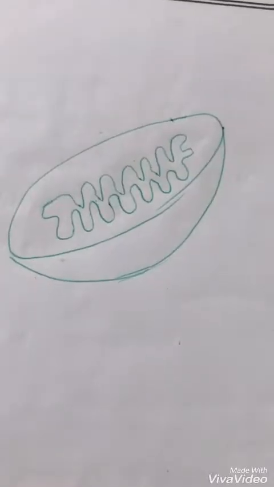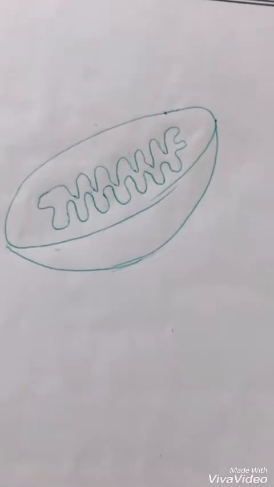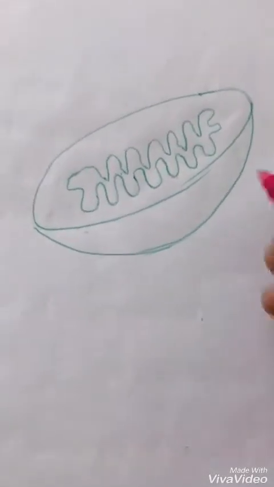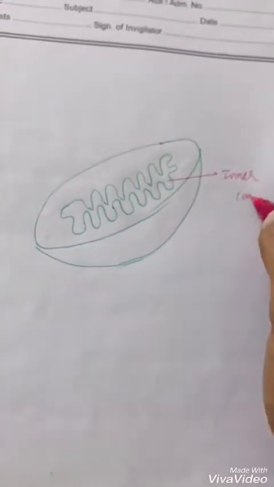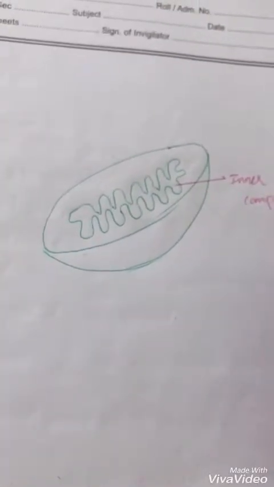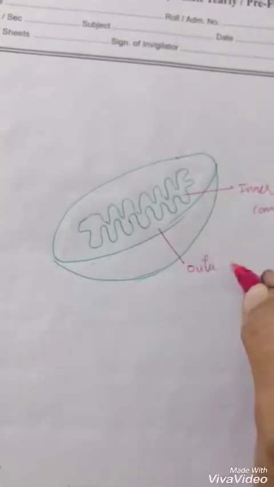Okay, here is a rough diagram of mitochondria. Now, as I have said earlier, it has two compartments, an inner compartment and an outer compartment.